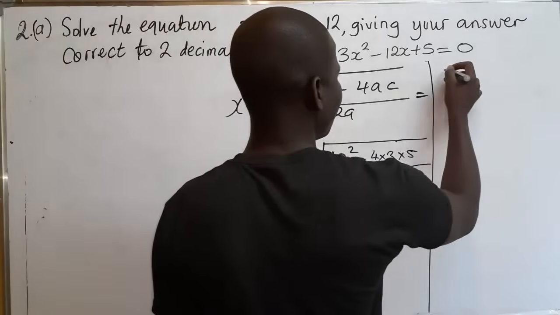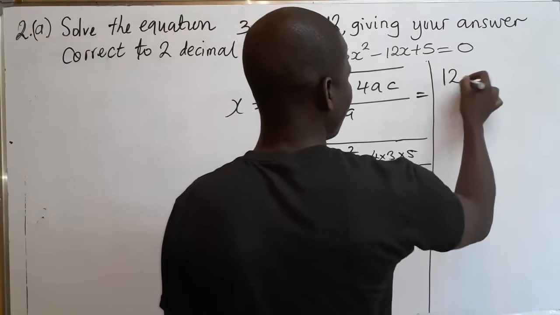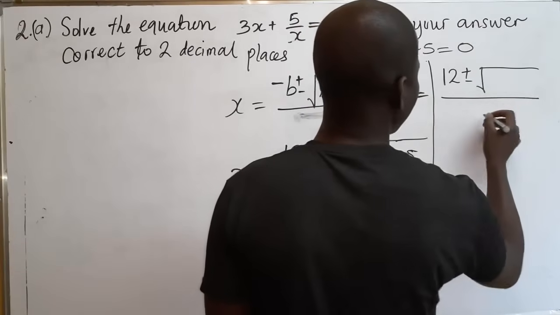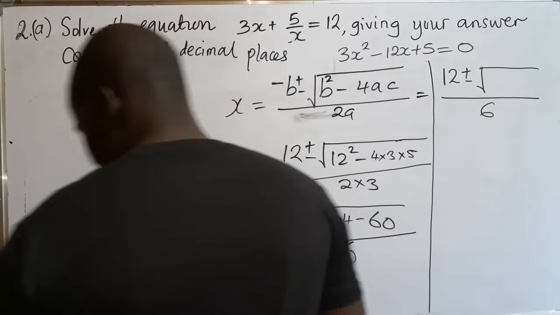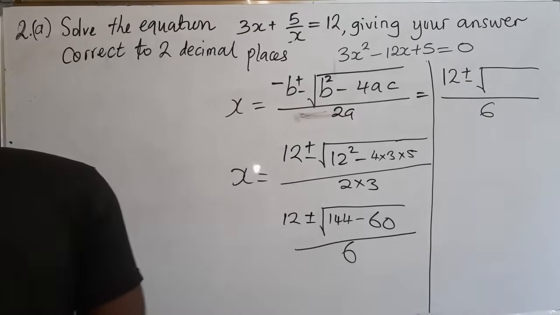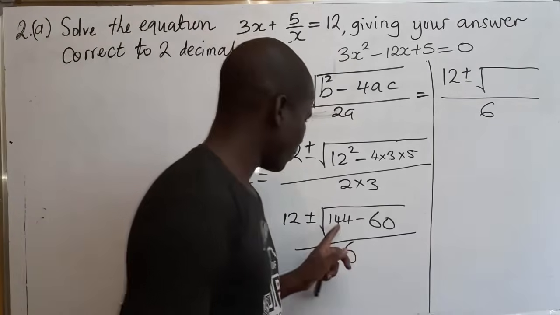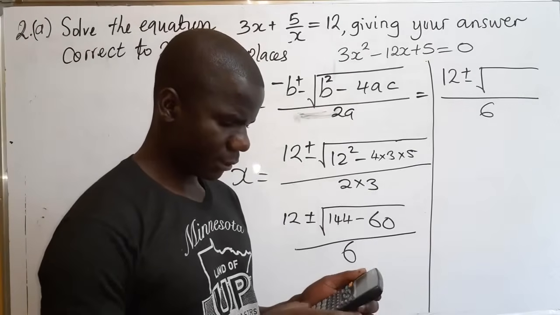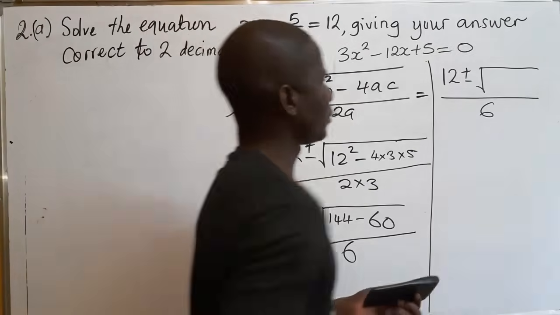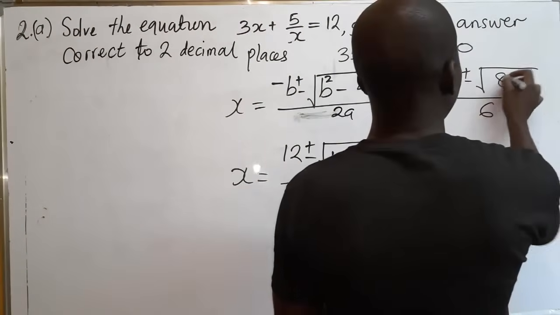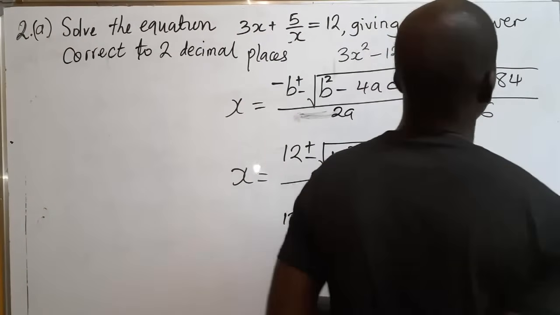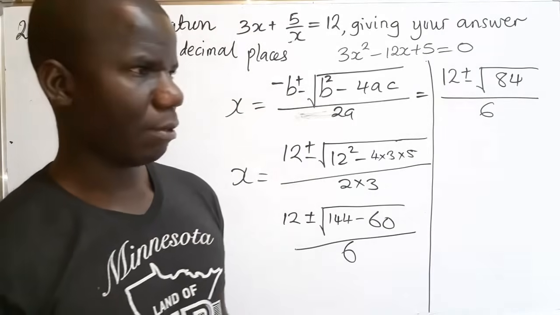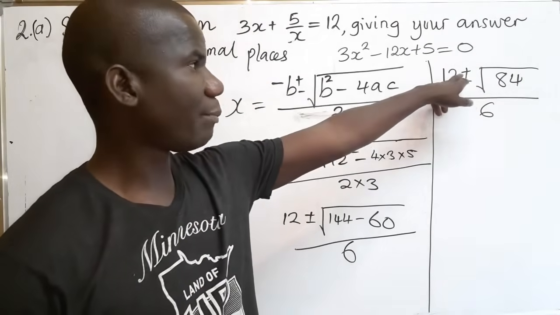Then at this point now, we have 12 plus or minus the square root of 144 minus 60, over 6. All right. So here we are getting 84. So what this means is that we're going to have two values of x. One of the values is going to come from a plus.